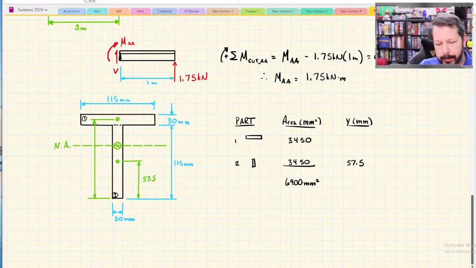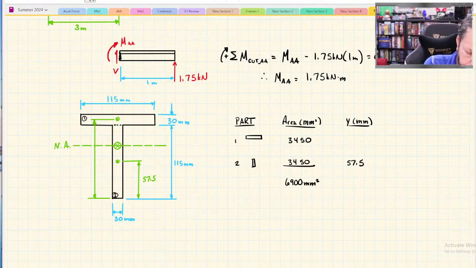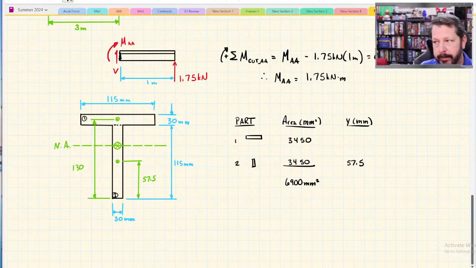This one is 115 plus 15, so it's actually 130. That's an important part if you haven't done a centroid in a while, remembering that we have to measure everything from the same axis, and I'm measuring from the very bottom of the stem.